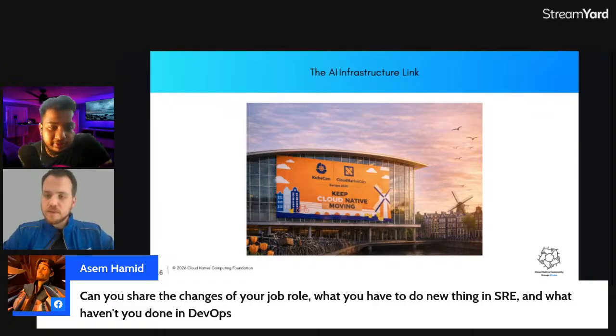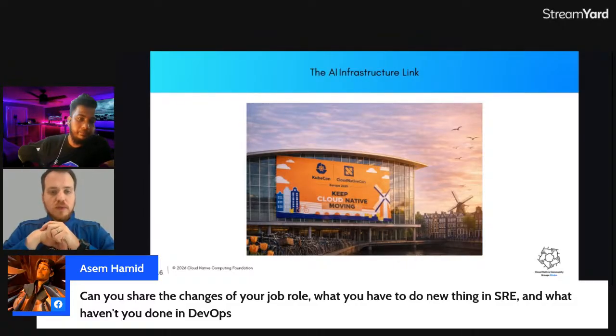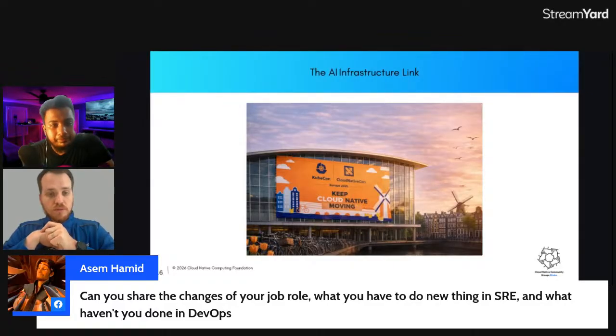So his question was, can you share the changes of your job role, what you have to do, new things in SRE, like site reliability engineer, and what haven't you done in DevOps? Okay, so the differences for me between those two roles were all about the maturity level of the firm.